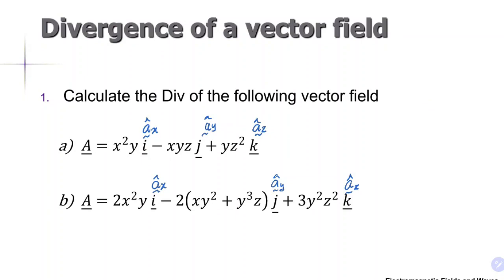Okay, divergence, what is it? That's equal to your del dot A. So A is equal to x squared y minus x y z, y z squared.